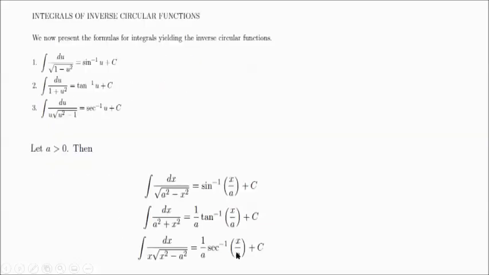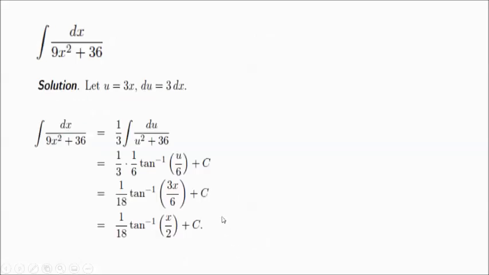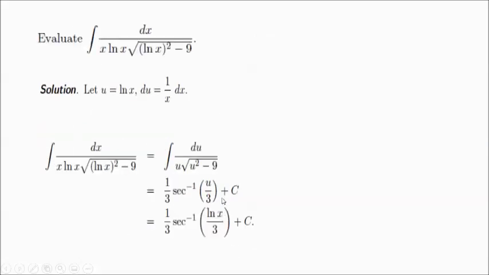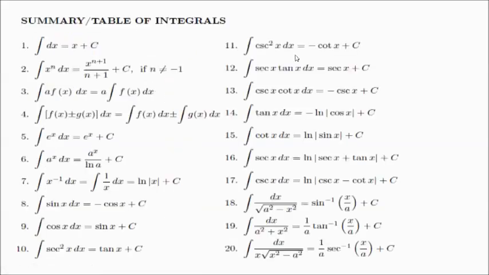Yun sa formula. Yung u natin is ln x. So papalitan mo siya. Ln x over 3. Okay? Then plus c. So summary class. Ito lahat ng kailangan yung formulas.